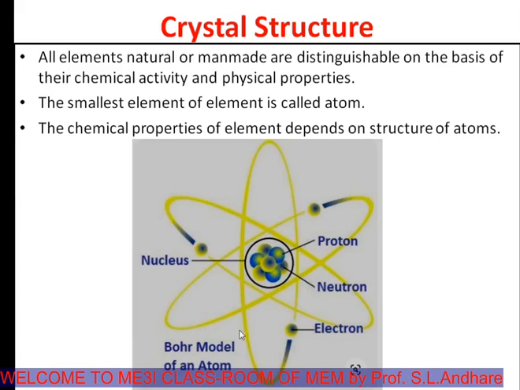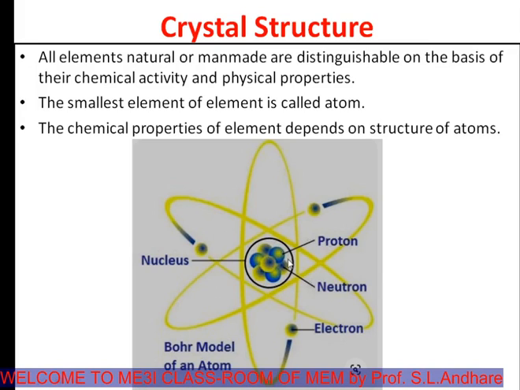You can see from this picture, this is the model suggested by Bohr. Niels Bohr was a scientist. He suggested this model that a nucleus is there which is comprising of protons and neutrons, while electrons are orbiting around this nucleus.